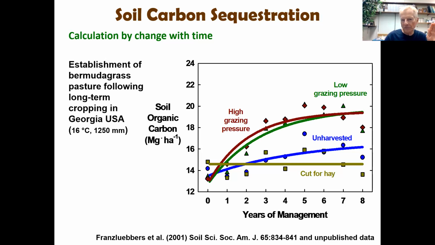And when I first became aware of this, I had a lot of questions, like how can that possibly happen? And now I know that if you don't overgraze, when the animal tugs on the plant, when beef cattle or dairy cows tug on the plant, it actually pulls a lot of the root hairs off the root, and that carbon is very quickly incorporated into soil organic matter by the bacteria.